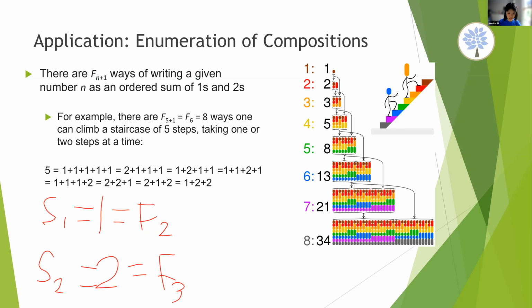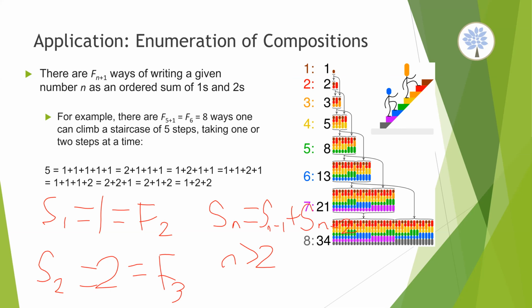For more steps, we can perform casework based on whether the person starts by taking one step or two steps. So in this case, let n be more than 2. The number of ways to reach the top starting from one step is the number of ways to climb n minus 1 steps. The number of ways to reach the top starting from two steps is the number of ways to climb n minus 2 steps.